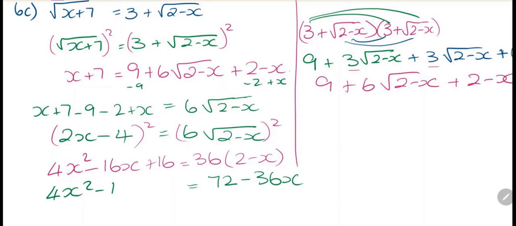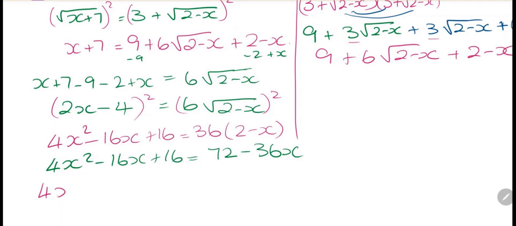And I'm going to just write everything on the one side and make it equal to 0. So I'm going to minus 72 and add 36x. So we'll have 4x squared minus 16x plus 36x plus 16 minus 72 equals 0. And I just need to simplify.